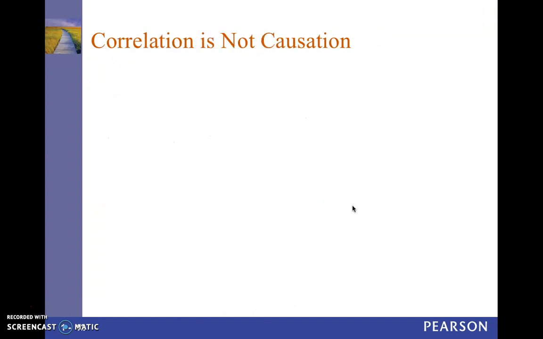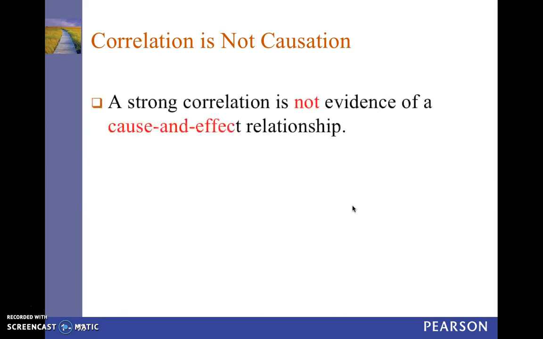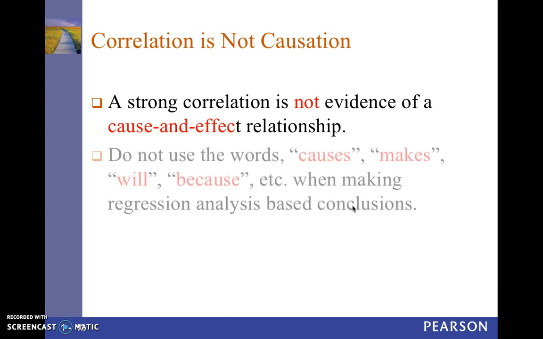All right. So there's some rules here. One that you learn very early on is that correlation is not causation. Just because things are correlated does not mean necessarily that one of those things can cause the other. So strong correlation is not evidence of a cause and effect relationship.